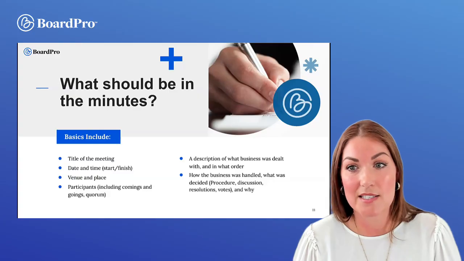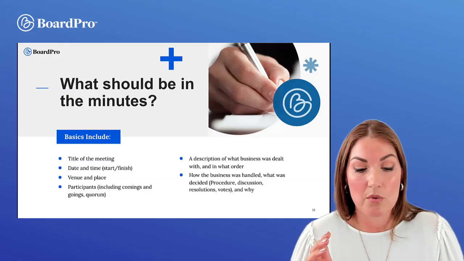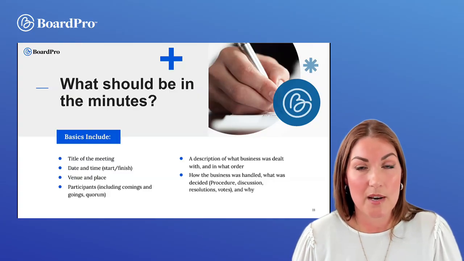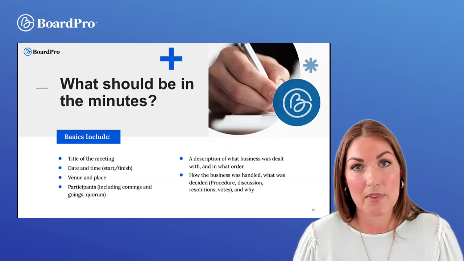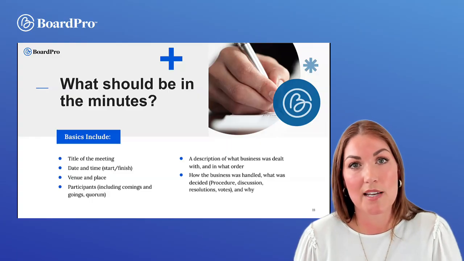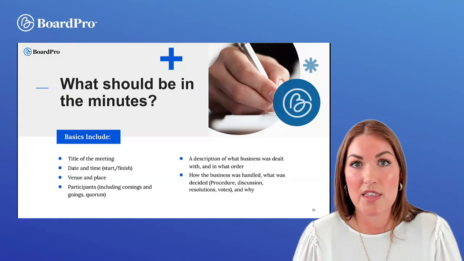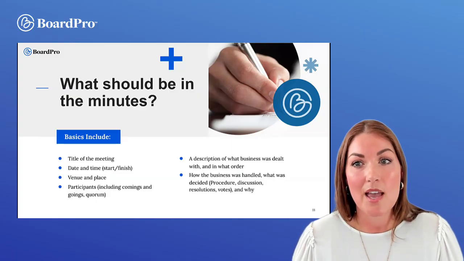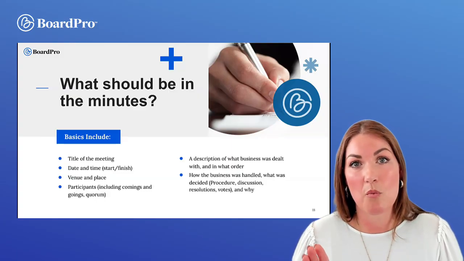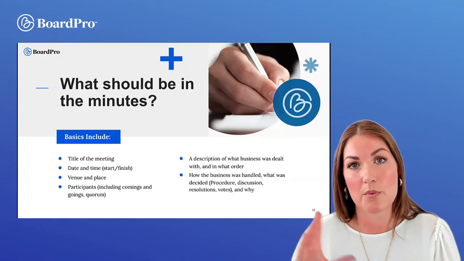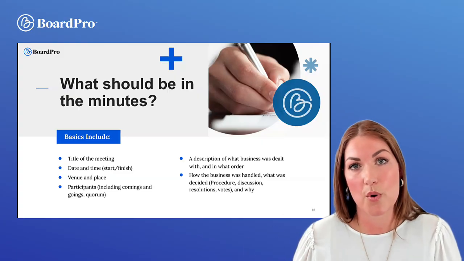You need to record the comings and goings of people that are partly there during the meeting, and it needs to be recorded any apologies that directors or trustees have that were meant to be there that couldn't make it.